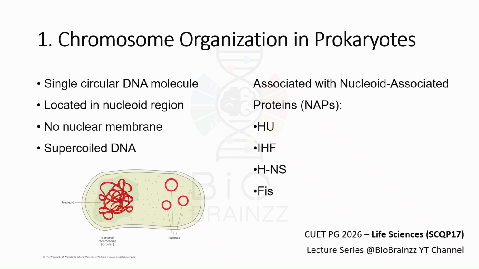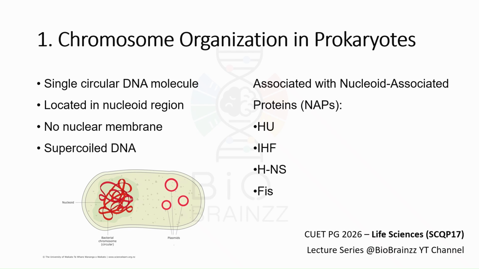To fit inside the small cell, the DNA is highly compacted by a process known as supercoiling. Along with supercoiling, the chromosome is also associated with special proteins called nucleoid associated proteins or NAPs. These proteins help in bending, looping, and organizing the DNA.